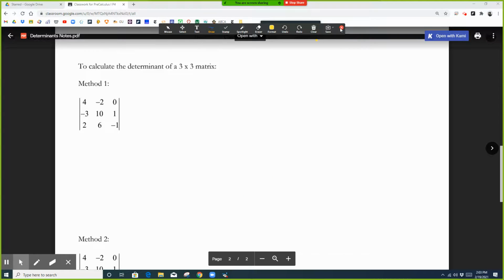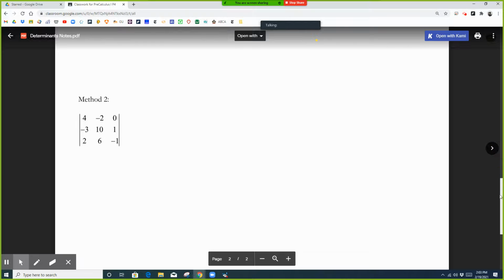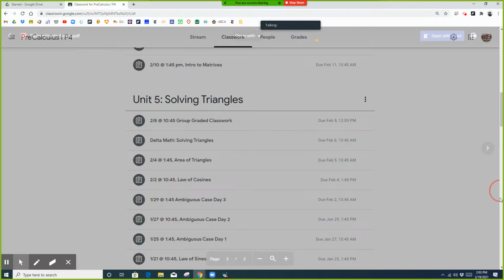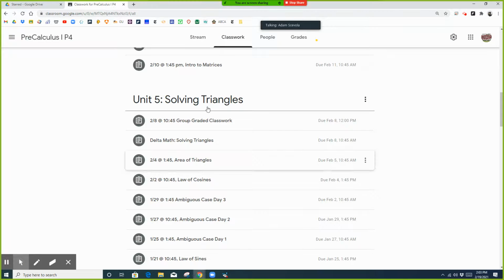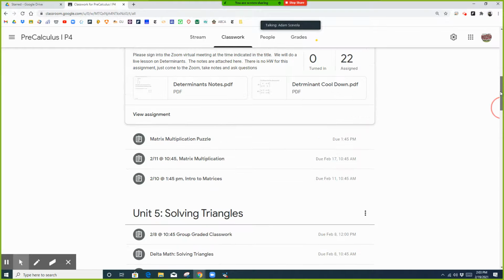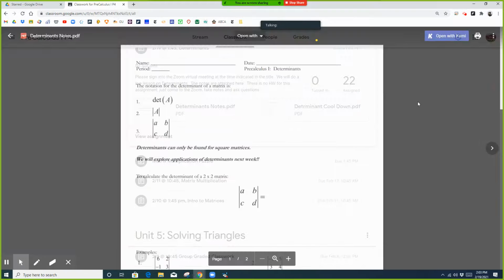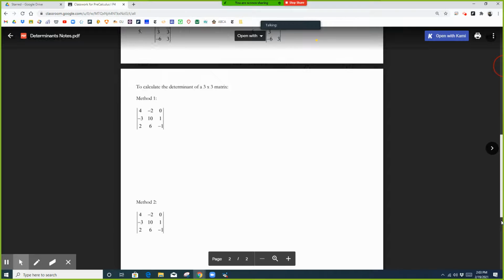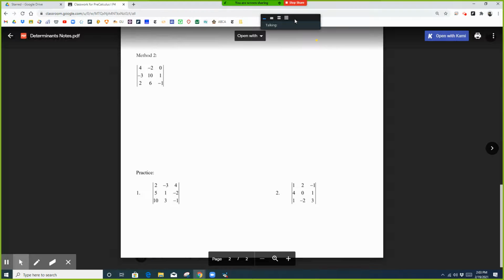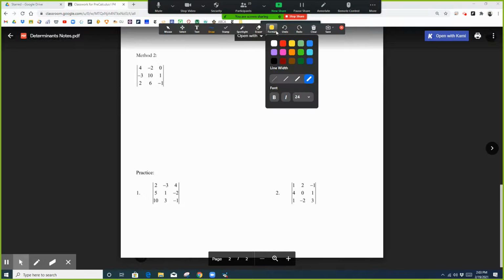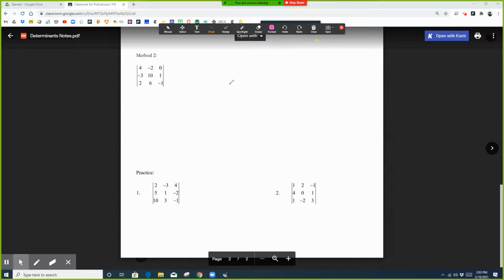So the other way, oops, we lost it. All right, so for the other way, what we're going to do is I'm going to zoom in a little bit because I want more room for this.